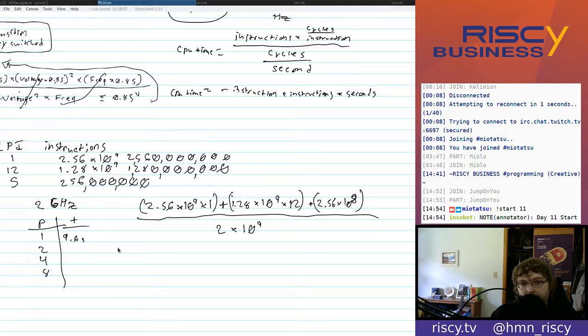So I would intuitively think that you would be doing the 256 million branch instructions divided by p, more or less, right?